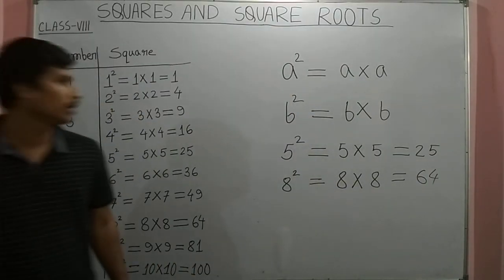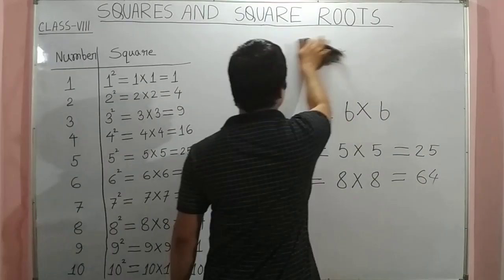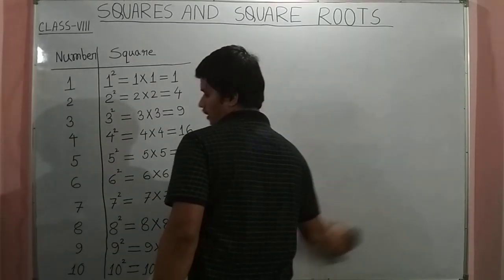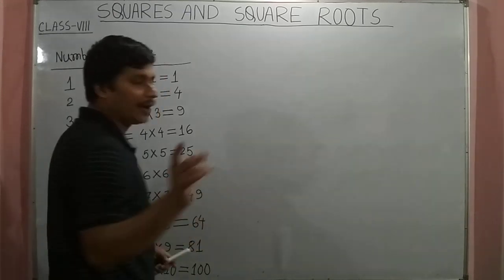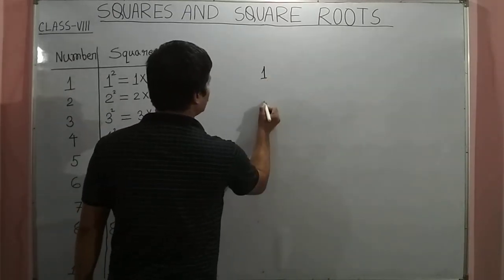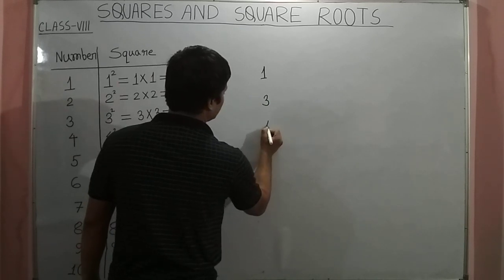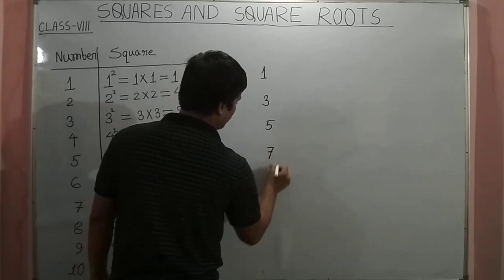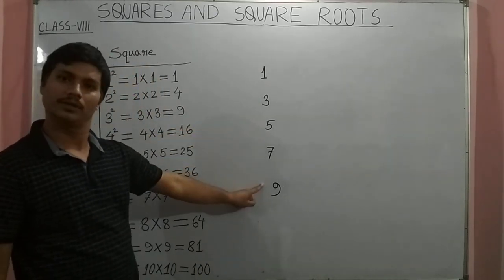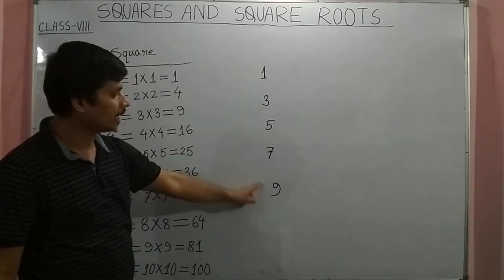Okay students, now we will discuss some important points about squares. Here I will take only odd numbers. I am taking 1, 3, 5, 7, 9. These all are odd.